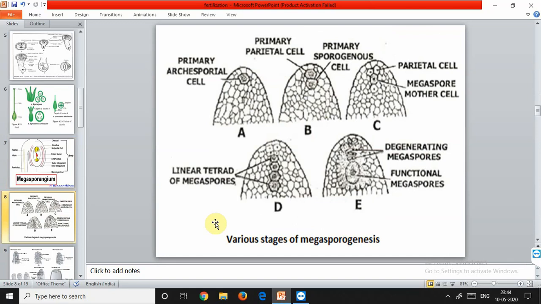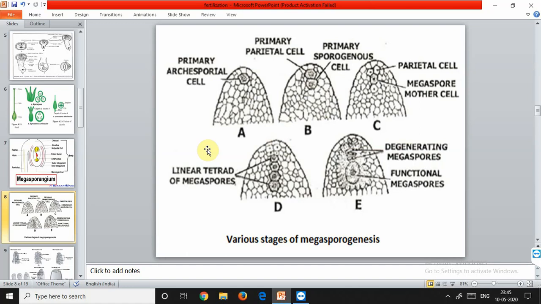There are some very important steps that are very much different from the male gametophyte, as the structure of the male gametophyte as well as female gametophyte is very different. And once the female gametophyte is mature, there will be the fusion of the male and female gametes, and that will lead to the fertilization. So how does the development occur?